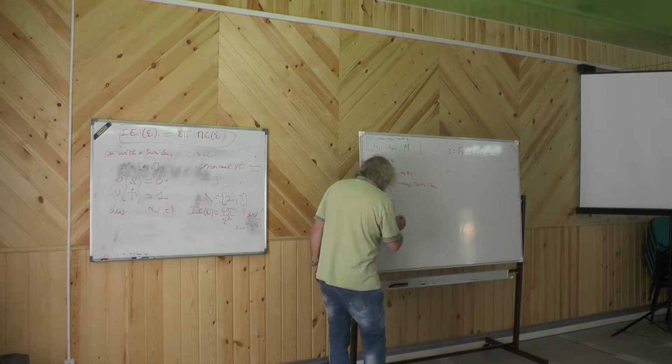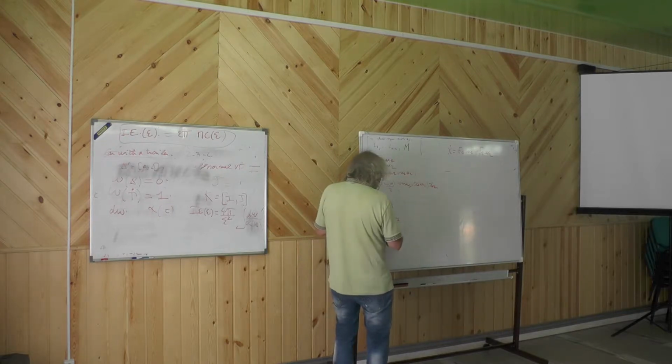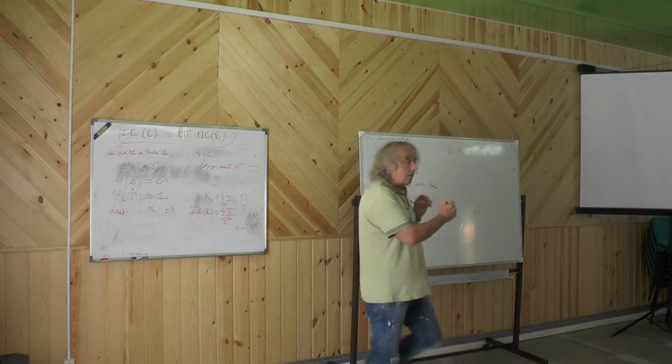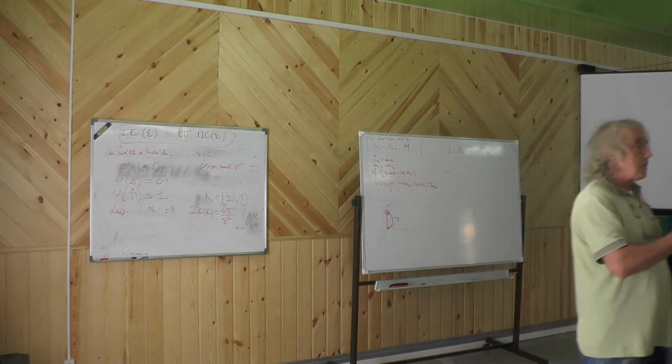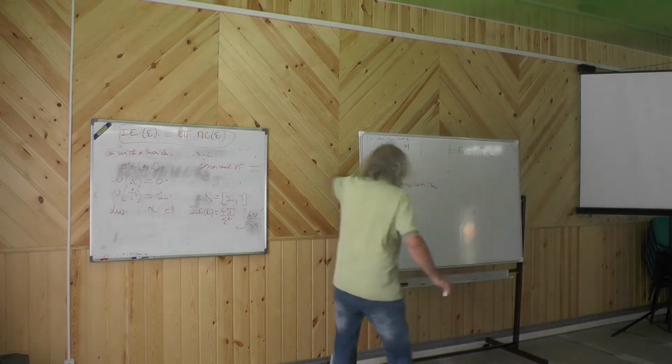Sorry, the length must be 1, or epsilon, whatever. It will be less than epsilon, and if it is less than epsilon, you can use the remaining to reach a neighbor. And if you reach a neighbor, it means that you do not maximize W.